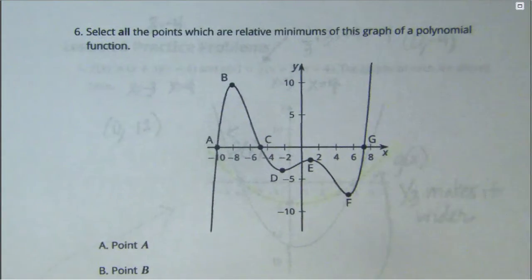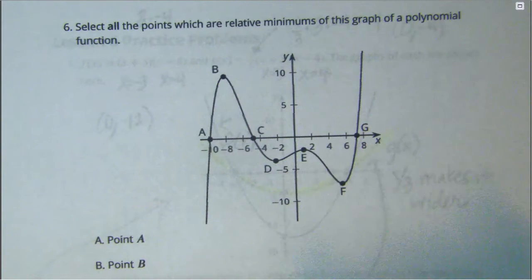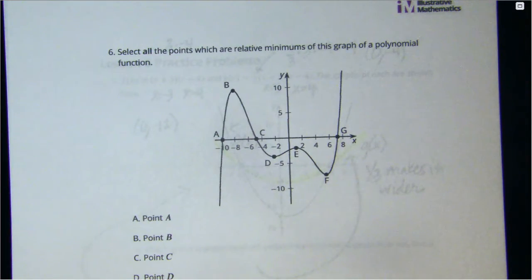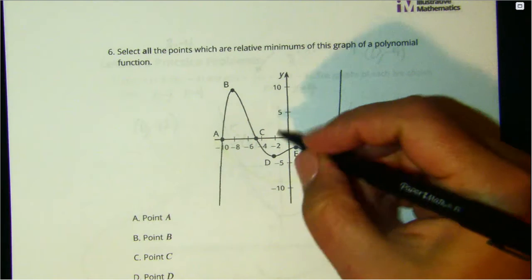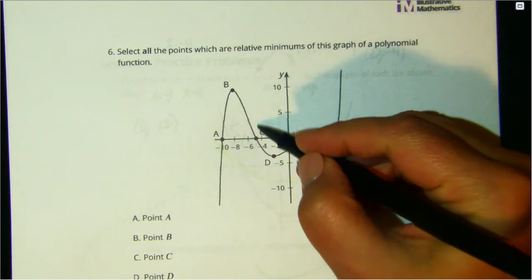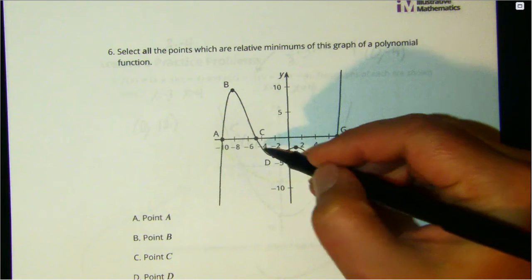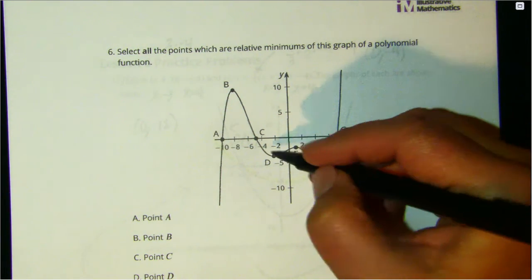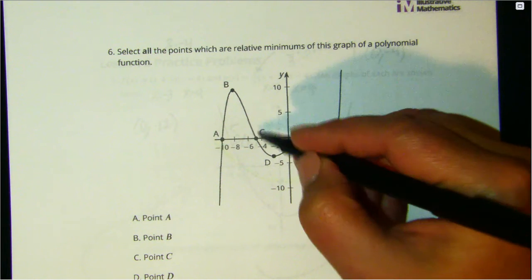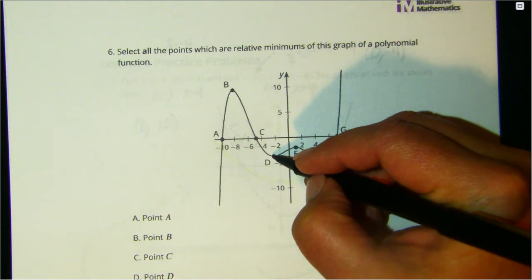Whoa, sorry. Number 6, select all the points which are relative mins. So a relative min is a point that is lower than other points in that area. So I just kind of look for the valley.